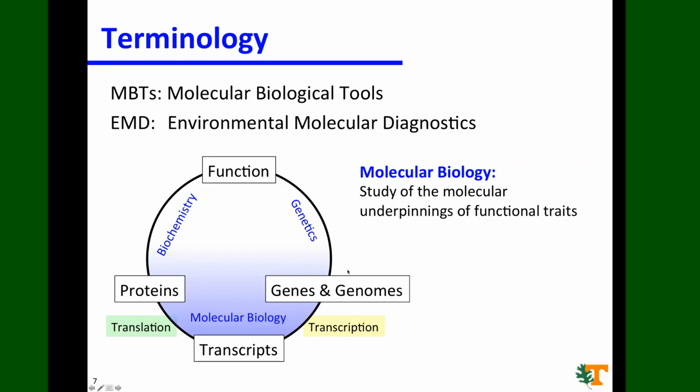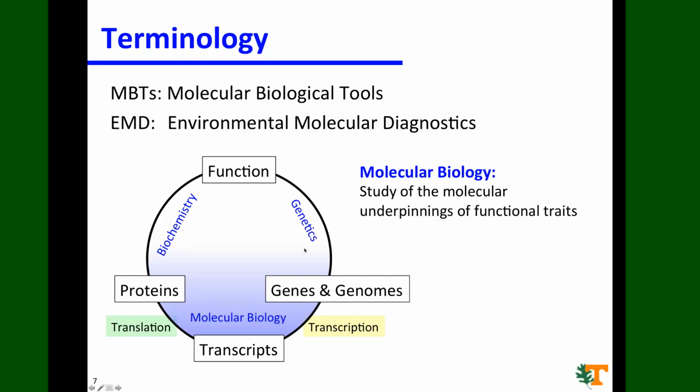Now, the underpinning principles of the phenotype, the function, so the molecular underpinnings of these functional traits, those are the genes and the genomes, the expression of these genes in form of transcripts, and then the translation of these transcripts into proteins. And the proteins are then responsible for the function, the phenotype. Okay, so the study of proteins is called biochemistry.